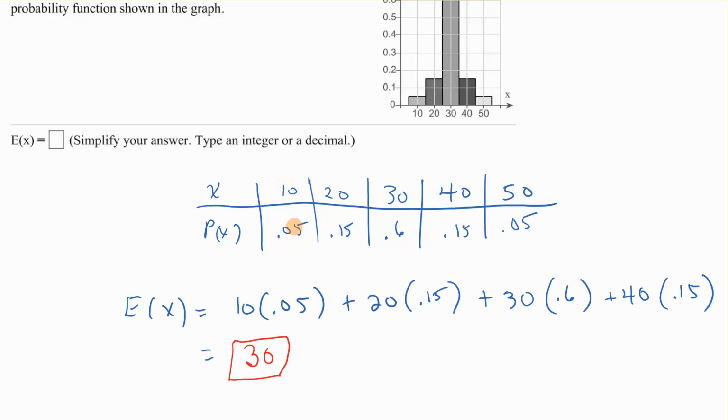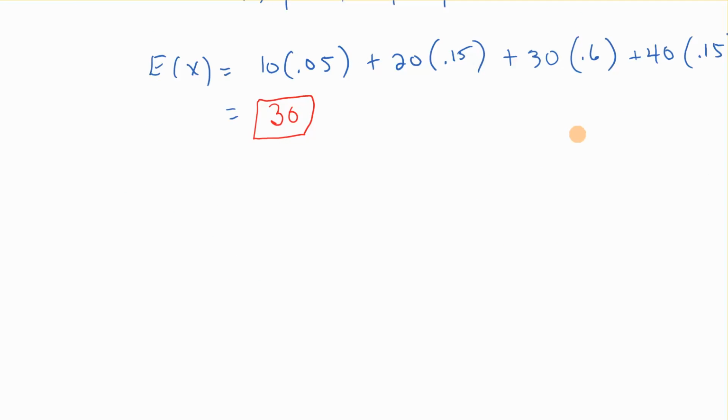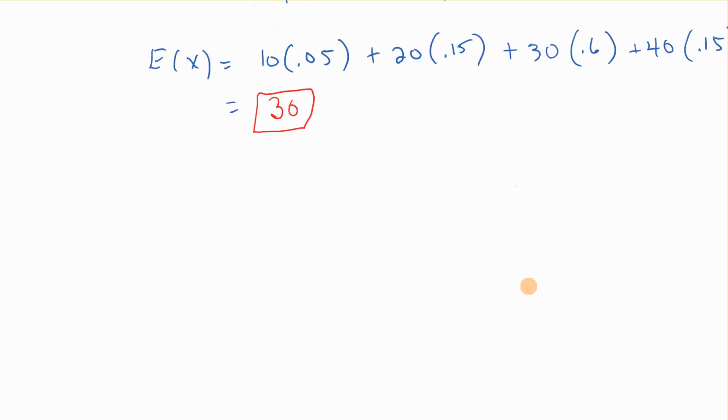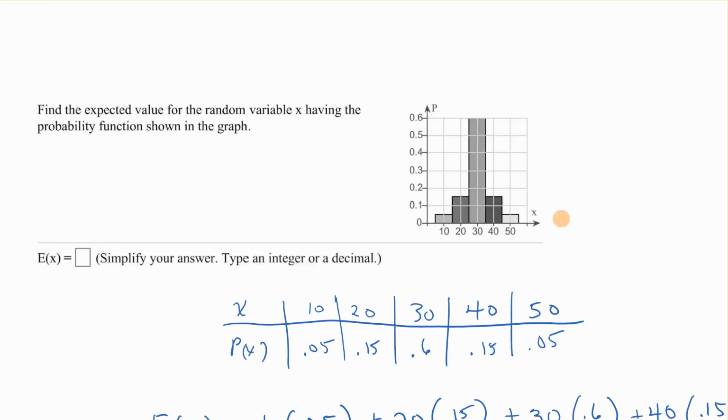Remember, it's your x times p of x. Do that all the way down, add those, and you get 30. And I think that's all we have. We just have those 5 questions to give you a taste of doing that with the distribution, and that should do that for 8.5.